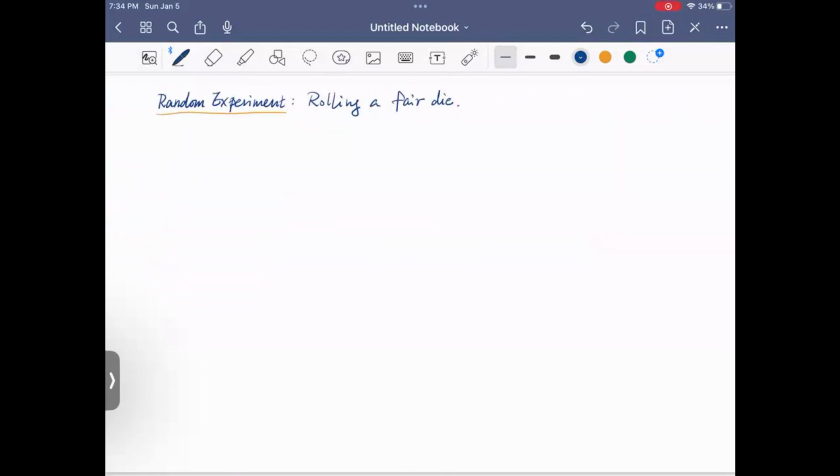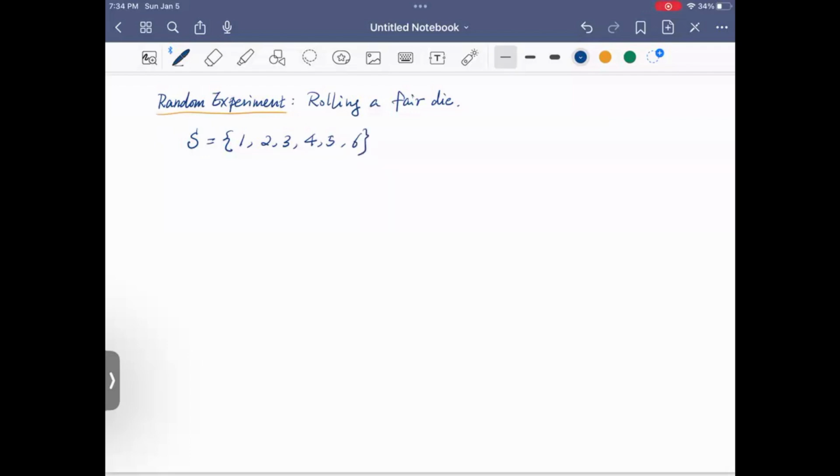Before I talk about conditional probability, let's first define a random experiment: rolling a fair die of 6 faces. In this random experiment, the sample space S has 6 elements: 1, 2, 3, 4, 5, and 6.